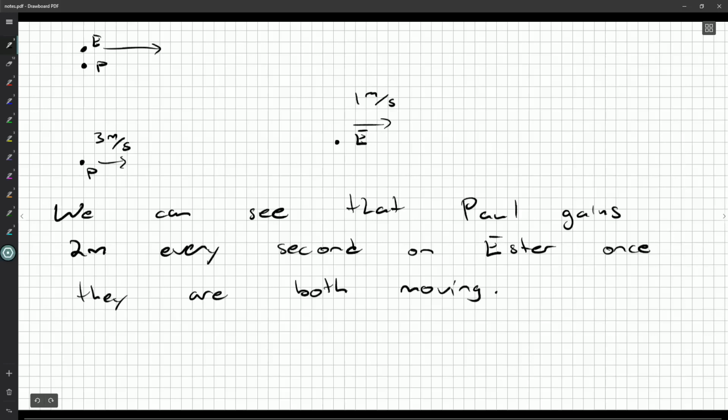That's how quickly Paul can catch up. That's the speed at which the distance between Paul and Esther is going to decrease.